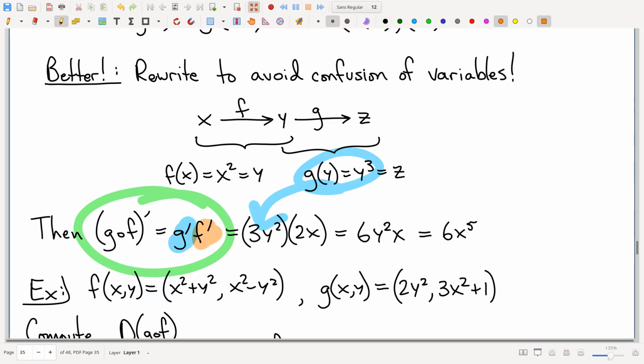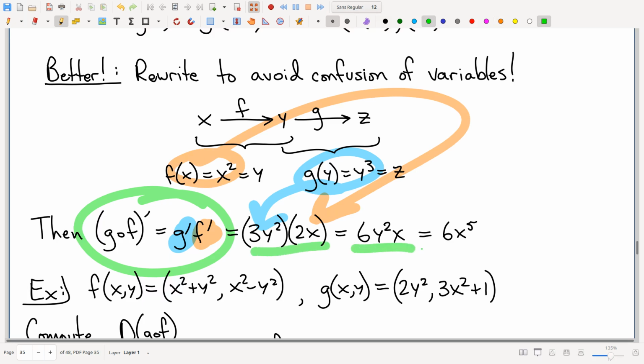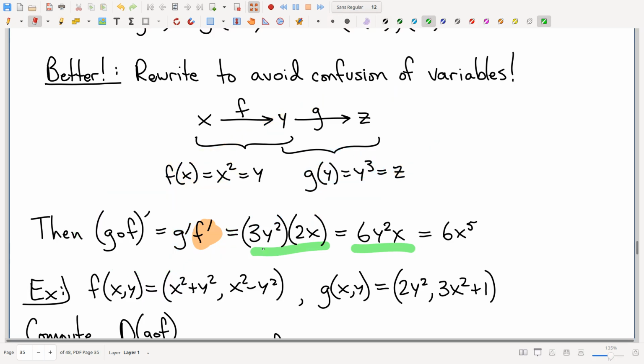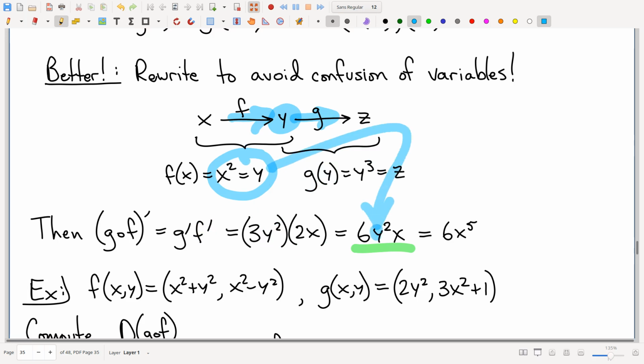F prime is 2x. This multiplies to 6y squared x, which, again, I didn't have to remember anything. I can just immediately see that y, being the thing that goes into g, therefore being the thing that comes out of f, is x squared. And you put that right in there, and we get the answer that we were looking for.